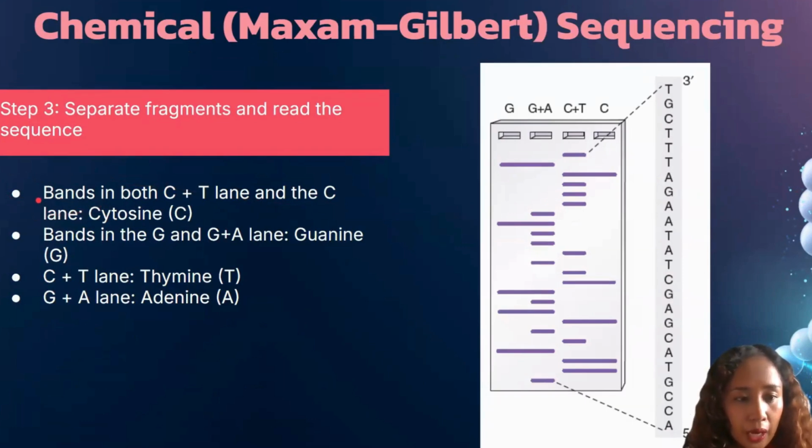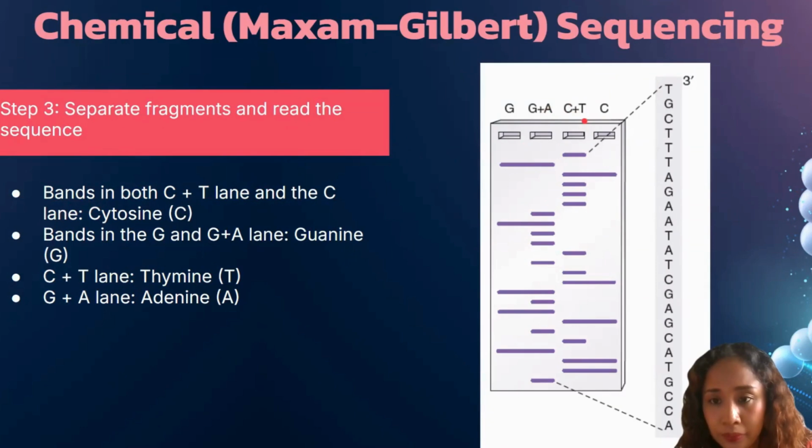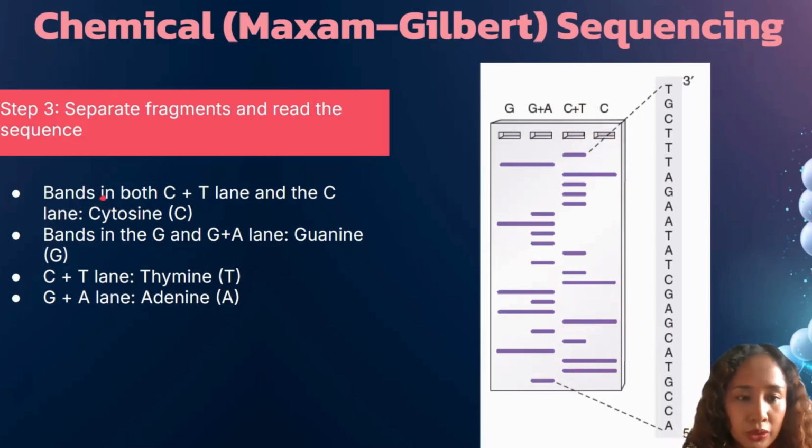In this slide, bands in both the C and T lane and the C lane make a long band, it will be letter C. Bands found in both the C plus T lane and the C lane are cytosine, since it appears in both.